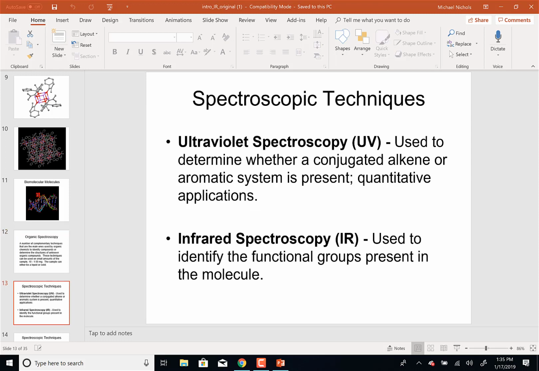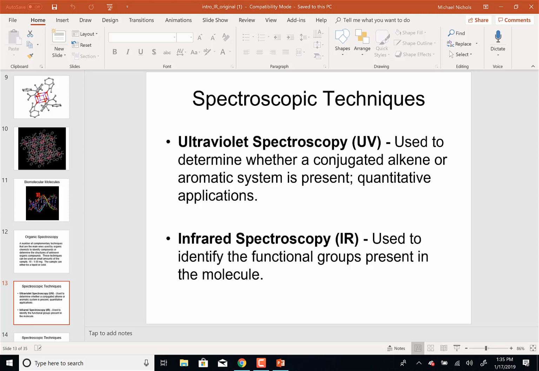So here are the four. Ultraviolet spectroscopy, I don't know that we're going to talk about, but ultraviolet or visible spectroscopy is what you did in general chemistry whenever you measured the absorbance of a solution that has a color to it.